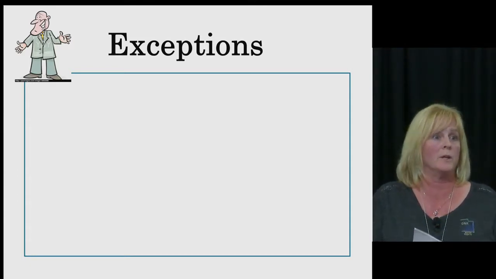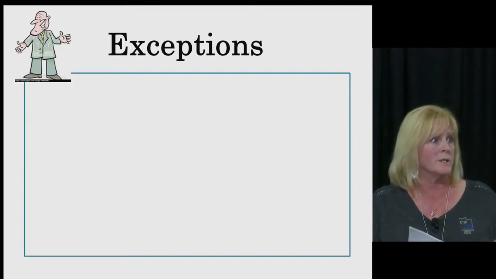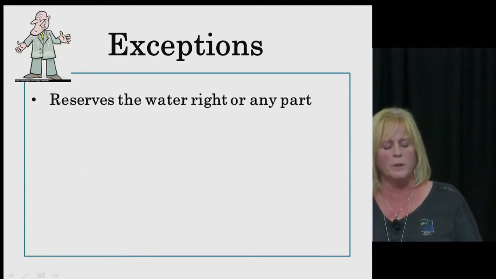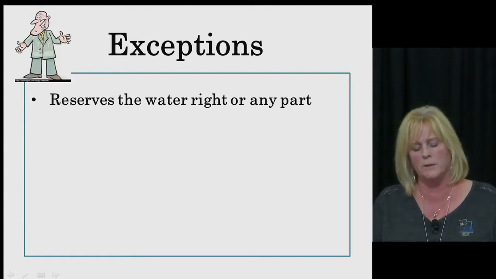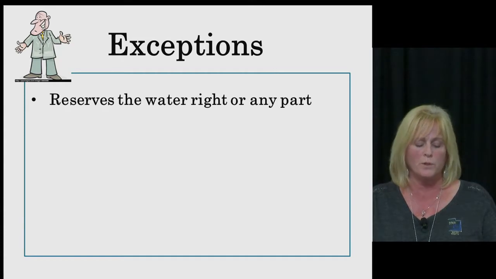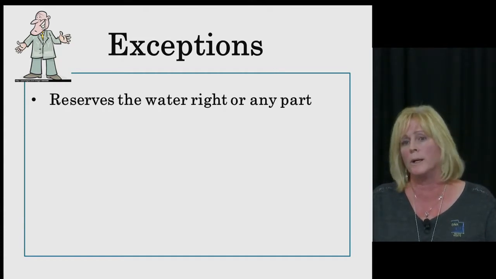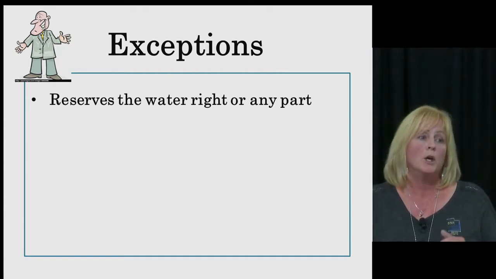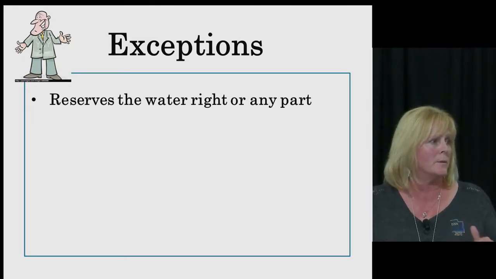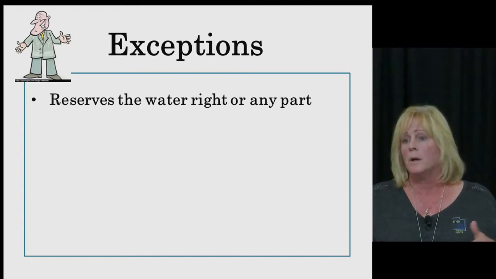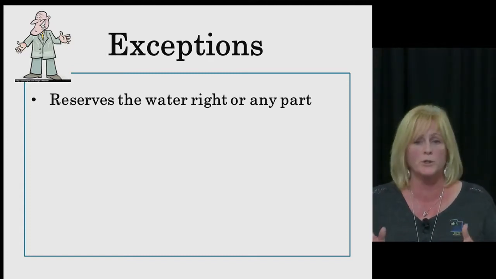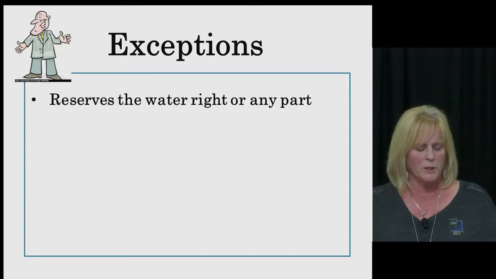A water right appurtenant to land shall pass to the grantee of the land unless the grantor specifically reserves the water right or any part of the water right in the land conveyance document. So if you're reserving, make sure you reserve. A lot of people think if they don't list the water right number, that it's reserved. That is not true. You have to specifically reserve and use that reservation language.